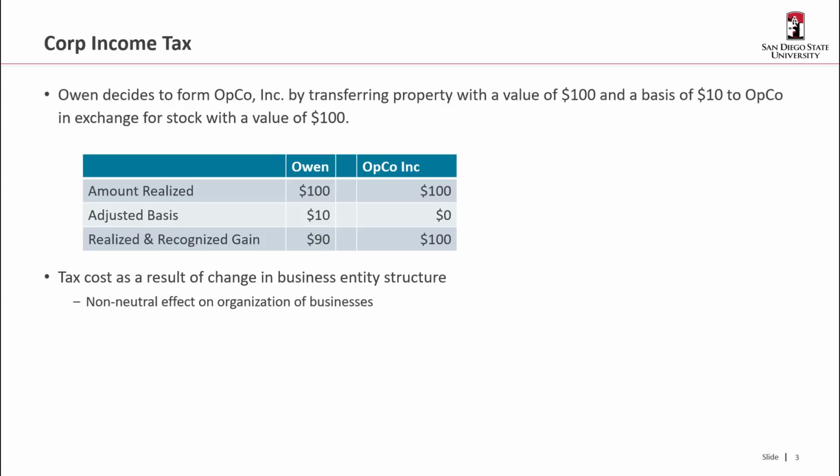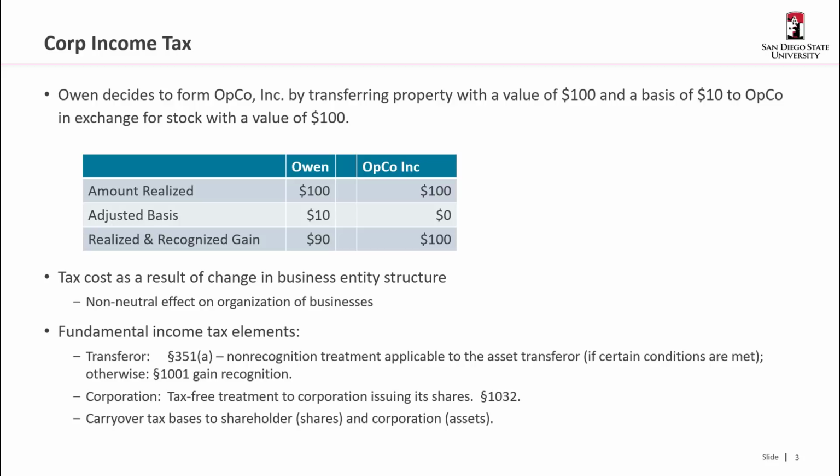underpinning that fundamentally is this idea that you should be able to organize and get out of business in more or less a tax-free way. So we need a tax rule that prevents this exchange from generating realized and recognized gain, or recognized gain at least. And there is one. So under 351(a), non-recognition treatment is applicable to the asset transferor if conditions are met.